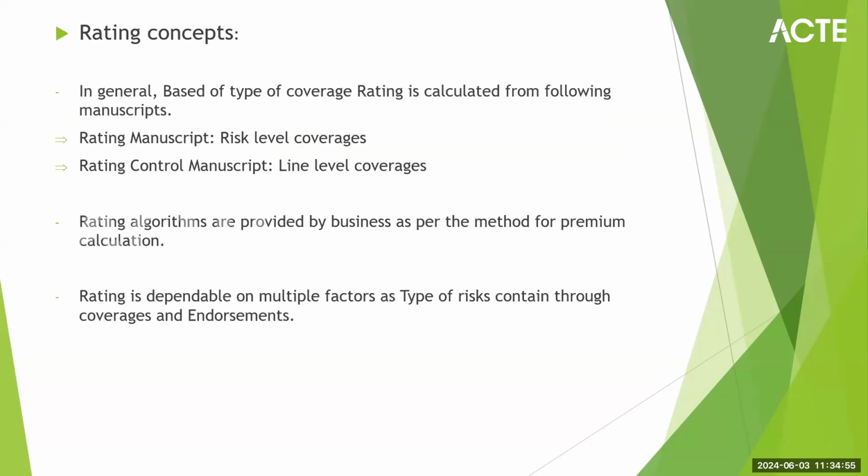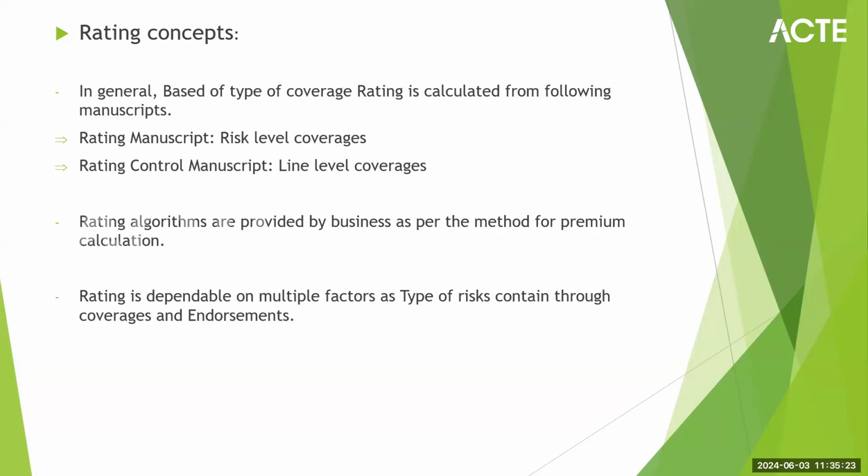Rating concept. In general, based on the type of coverage, rating is calculated for the following manuscripts. Basically, we have two coverages in Duck Creek: risk level and line level. For the rating manuscript, we use risk level coverages.